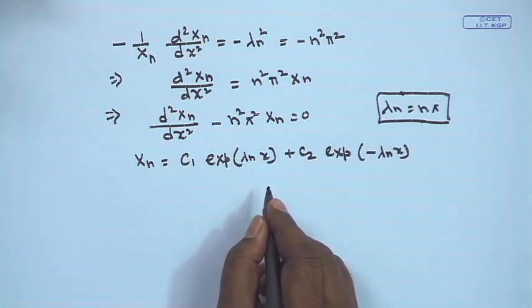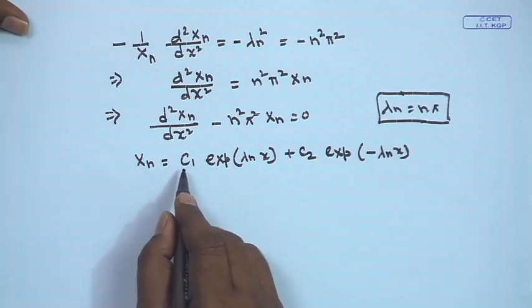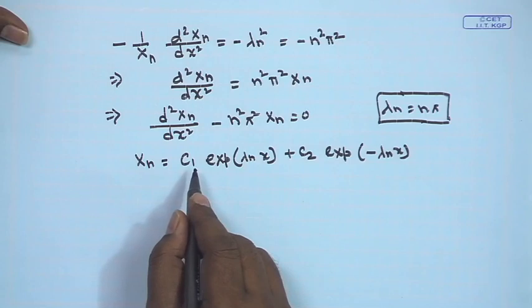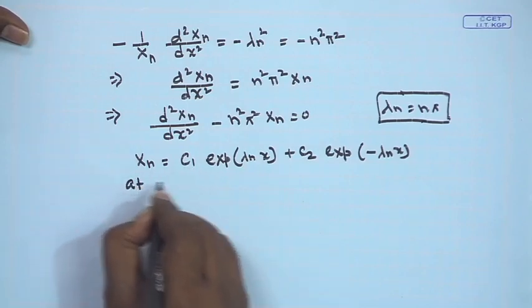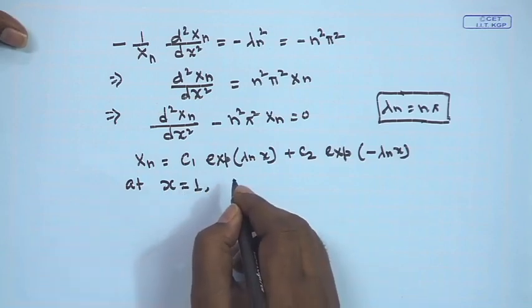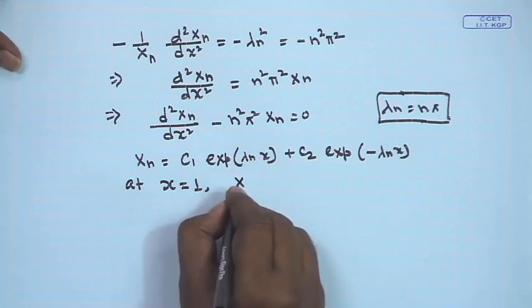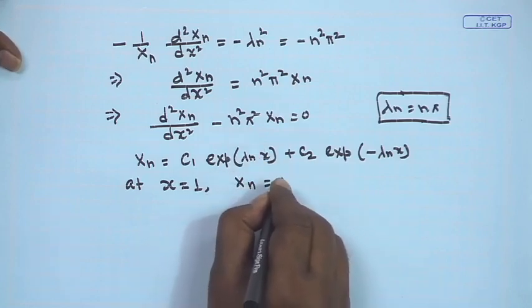Now, let us look into the governing equation, the boundary condition. The boundary condition of the x varying part must satisfy the boundary condition of the original problem. That means, at x is equal to 1, we had the homogeneous boundary condition, that is at x is equal to 1, we had capital X n is equal to 0.